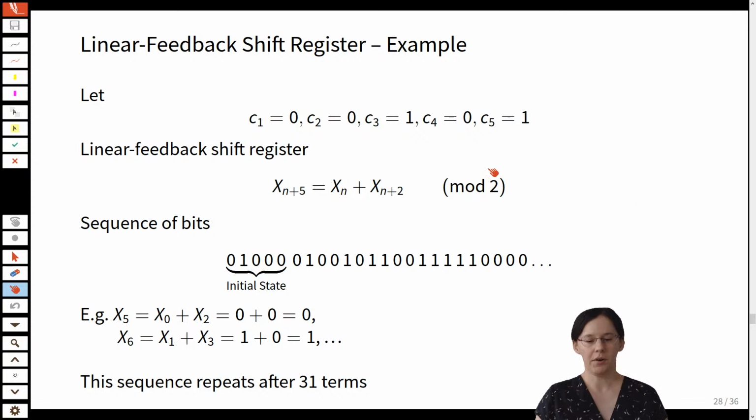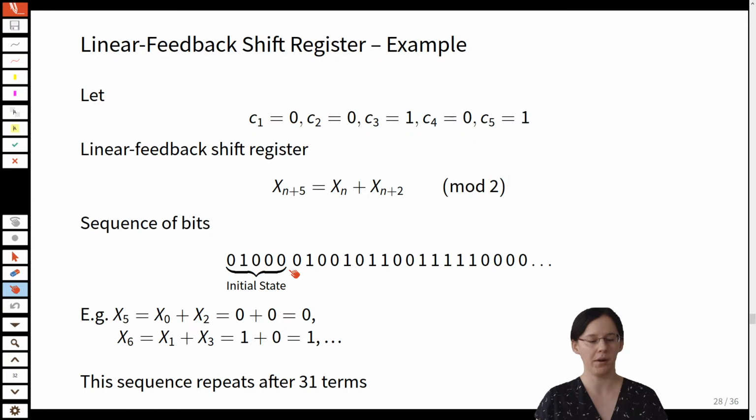So as an example, if we take this previous 5-bit LFSR and we say that 2 of the constants are 1, meaning that every new bit is the XOR of 2 of the current bits. And we fill this current state with some starting state, which will typically be the key. Then we can produce the next bits as given by this rule.